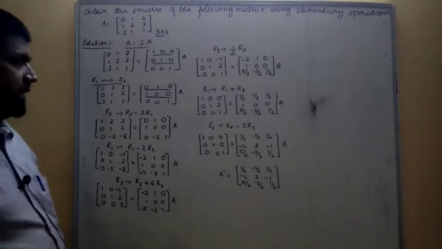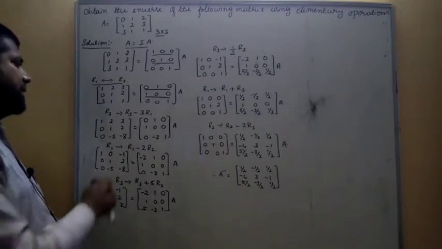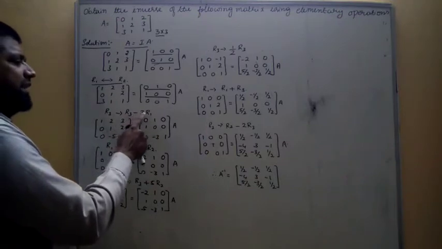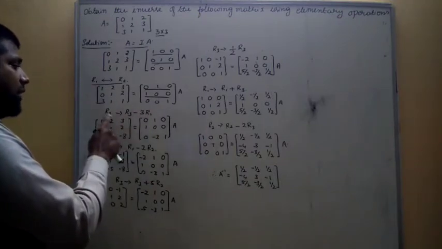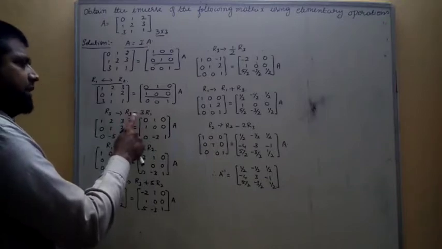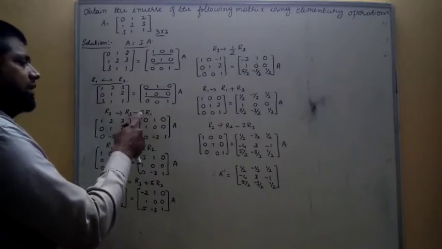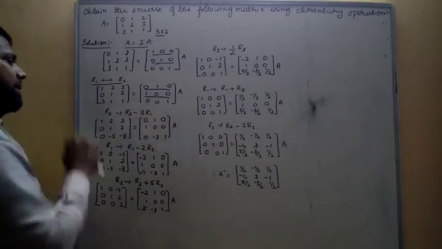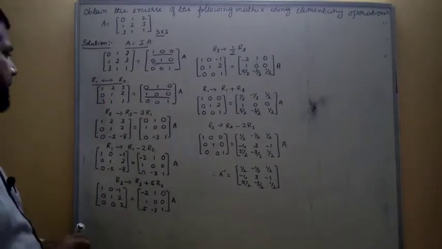We have to follow the steps. So R3 changes to R3 minus 3R1, which means we have to multiply 3 with row 1 and subtract it from row 3.